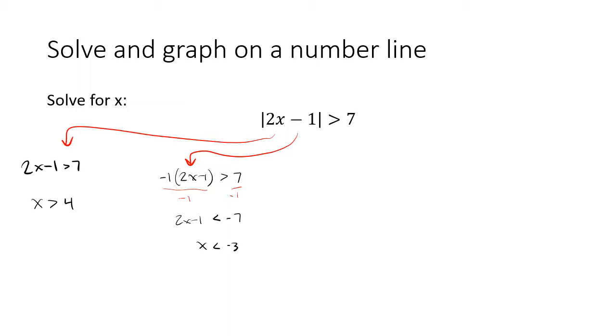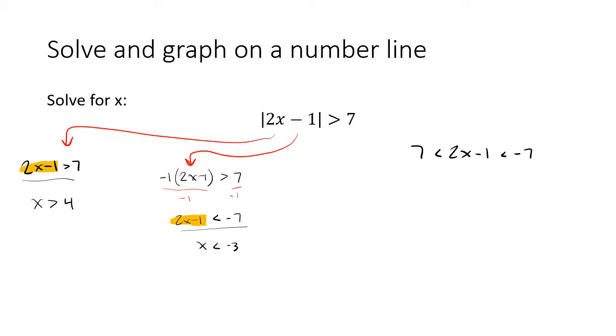The other way to deal with this is to note how we have this statement, 2x minus 1, in both of these two different inequalities that we wrote. And note this is the same problem. So if I say 2x minus 1 is less than -7, like I did right here, but 2x minus 1 is also greater than 7, like it is right here, well, there you go.